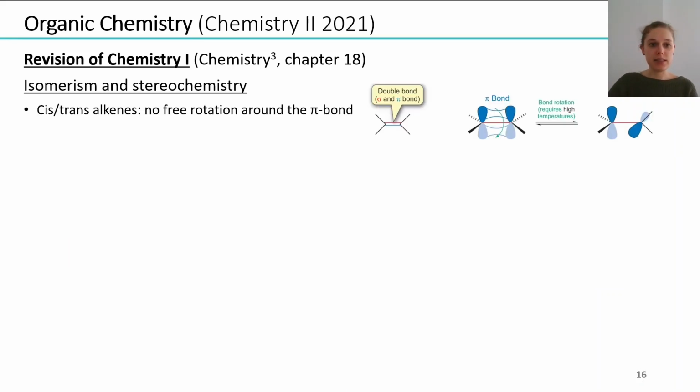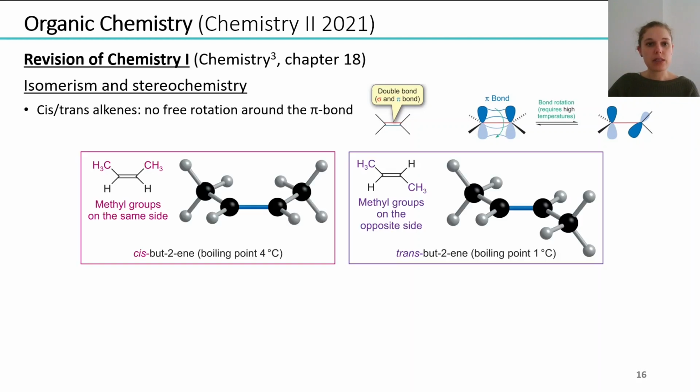So if you have alkenes, we have one sigma and one pi bond, and hence the rotation around the carbon-carbon bond is blocked. For example, we can have a look at butene. Now we know that the rotation about the carbon-carbon bond is blocked, and we can see here we have two methyl groups on the same side of the carbon-carbon double bond.